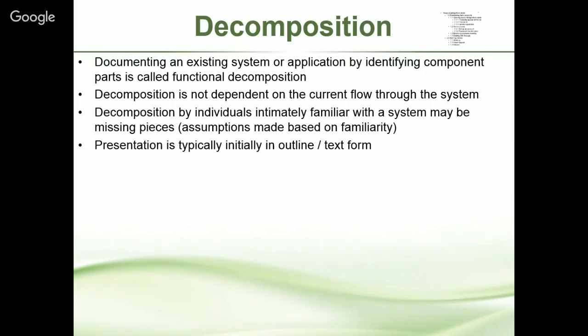Now, at some point, you may want to put it in a block diagram, because, first of all, if you have folks who process visually better than they do text, that's going to help them understand more quickly. And the other thing is, if you are documenting an existing system because you are going to replace it, we've talked about MoSCoW ratings before: must, should, could, won't.